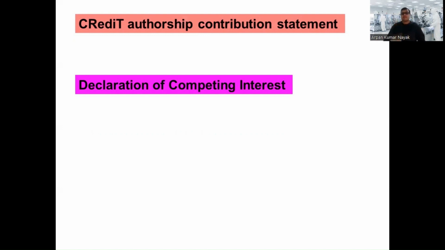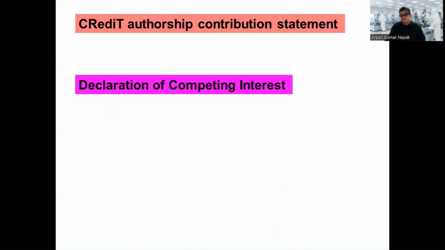After your conclusion is done, you can write the credit authorship contribution statement. That is not for all manuscripts. A few manuscripts need it, a few don't, so it is based on the requirement.